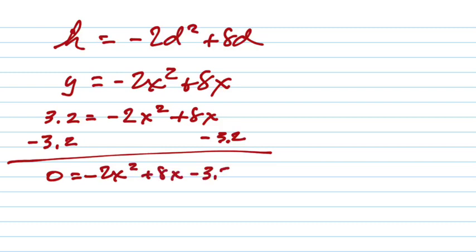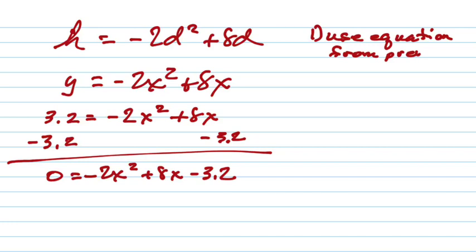And this is not an easy one to factor. As a matter of fact, it won't. So what you need to do is use the quadratic formula. So first, use the equation from the previous problem, because we know what that equation is.